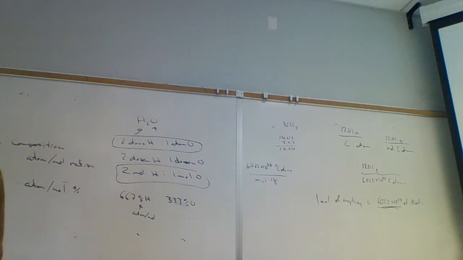Now we do the exact same thing. If I had 1 mole of water, it weighs 18 grams. If I have 1 mole of water, how many moles of hydrogen do I have?